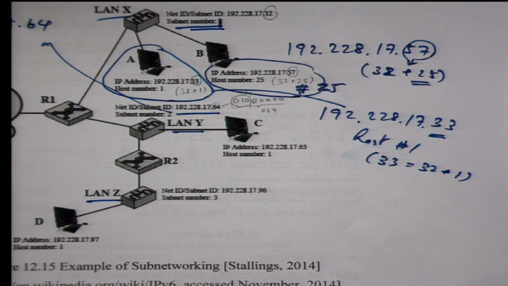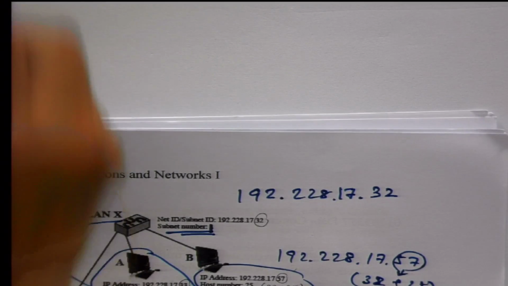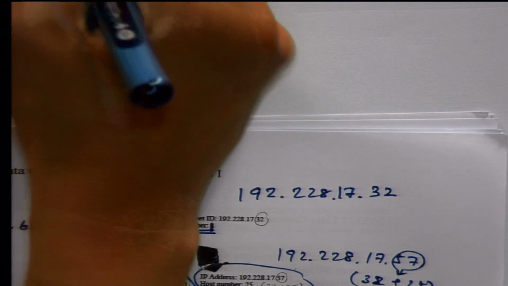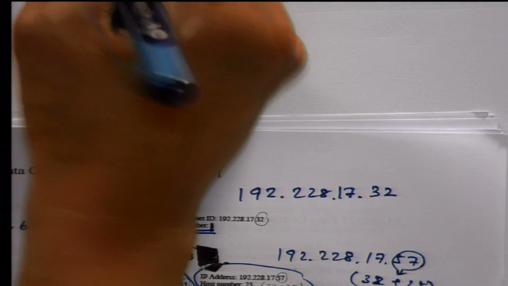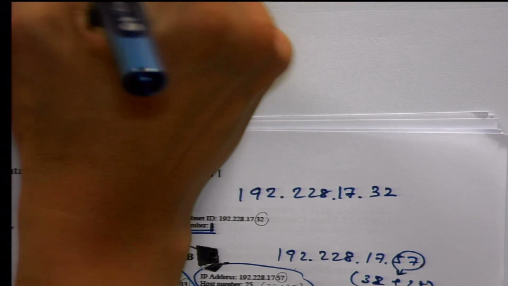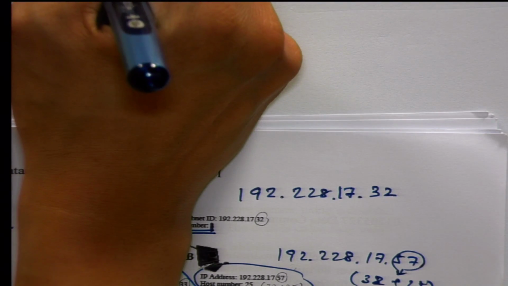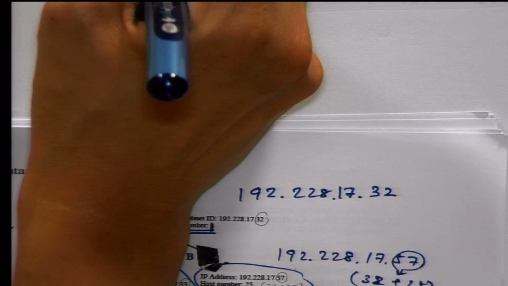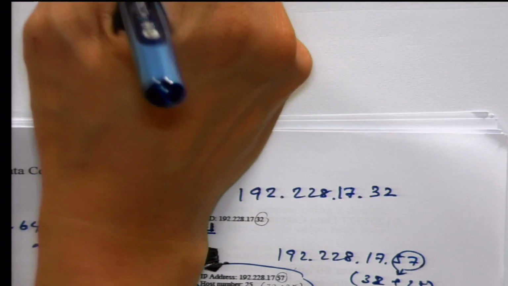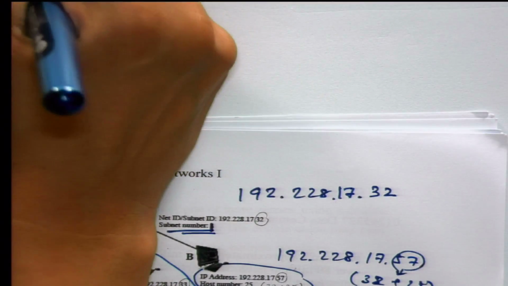Now, what is 32? Okay, 32 in binary, times 2 to the 5, right? 5, 4, 3, 2, 1, 0, 1, 2, 3, 4, 5, 6, 7, 8. Okay, so this is 32.